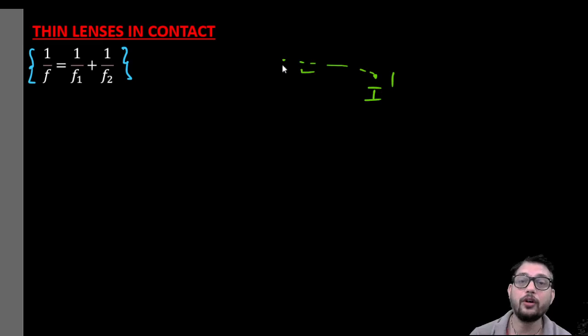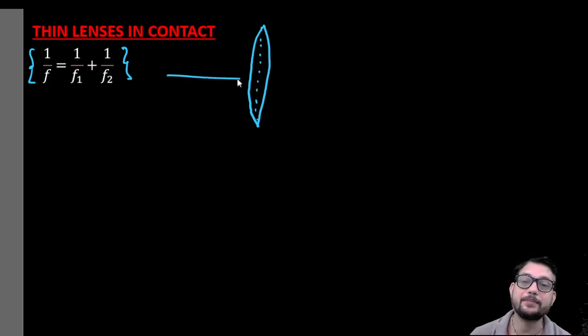So what will we do here? Firstly, we will draw a single lens. Let's suppose this is your lens. As you can see, this is the vertical axis and this is the principal axis. Now you have to put your object.